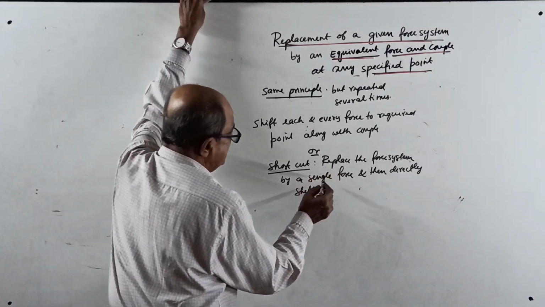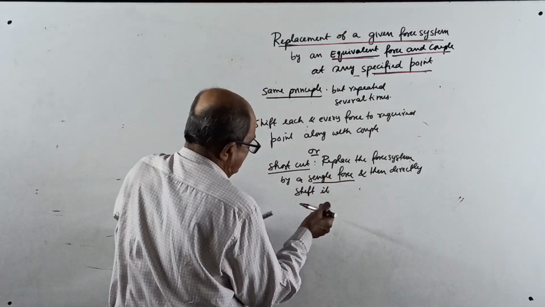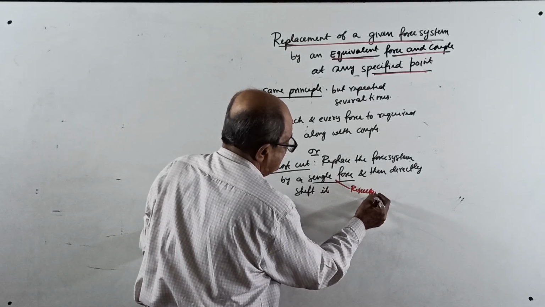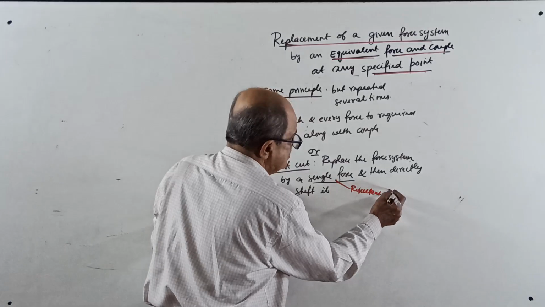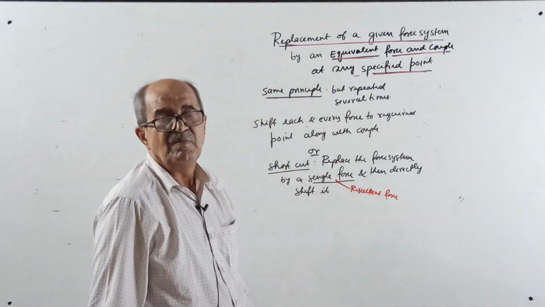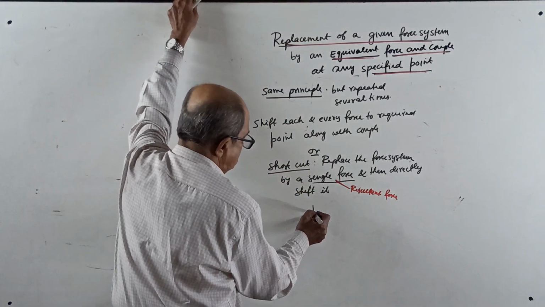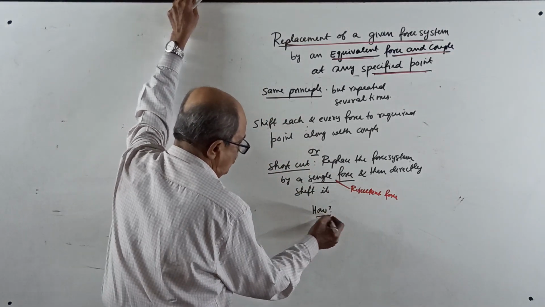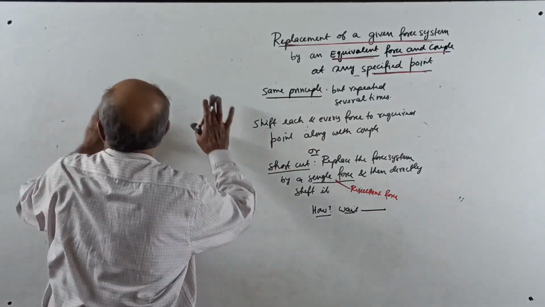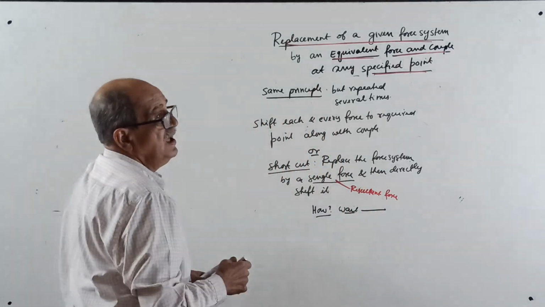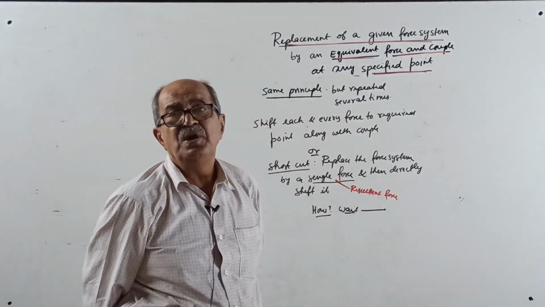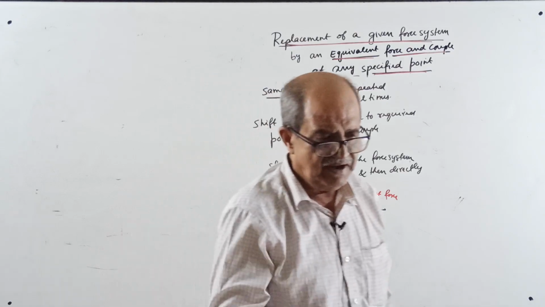When you replace by a single force, actually single force means the resultant force, and then directly shift it. How? I will tell. Wait. I am giving an example. Now I am giving a full example here: how to shift a given force system to any new required point. One minute.